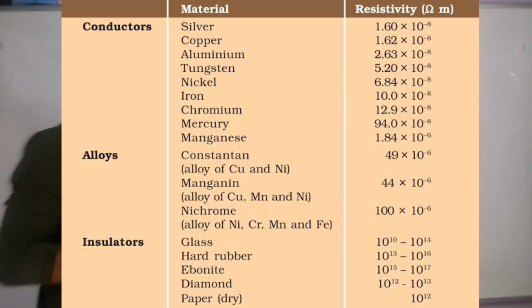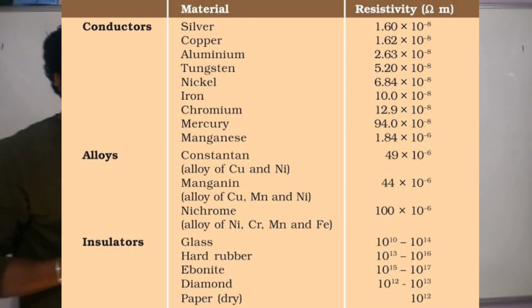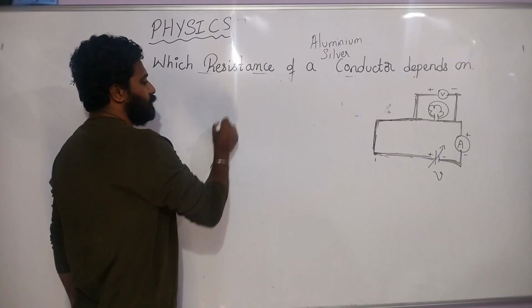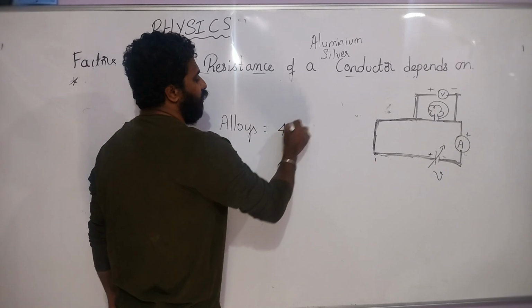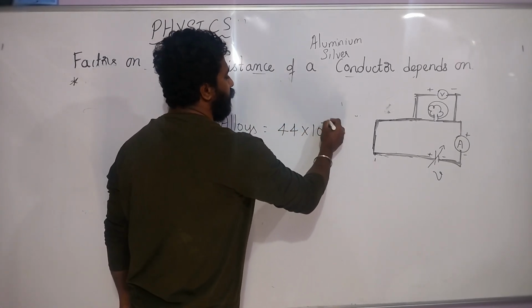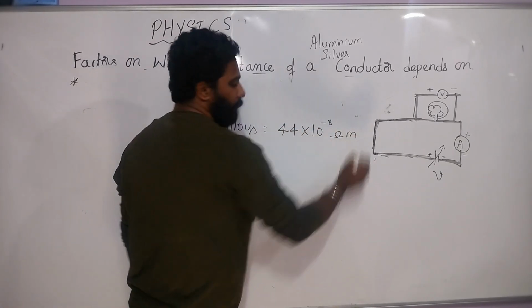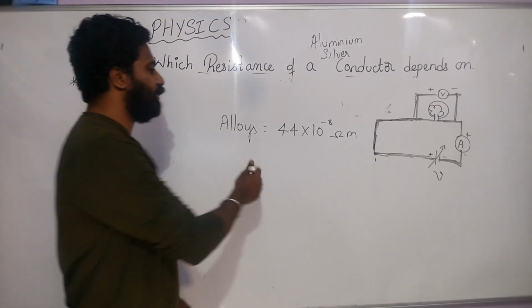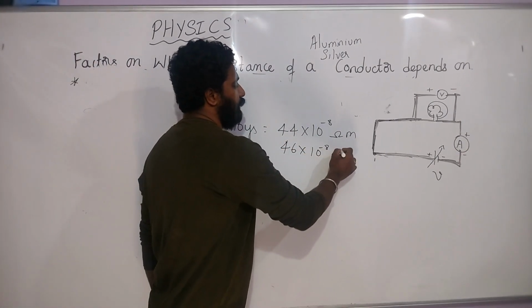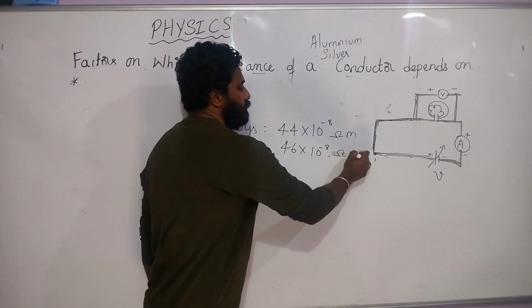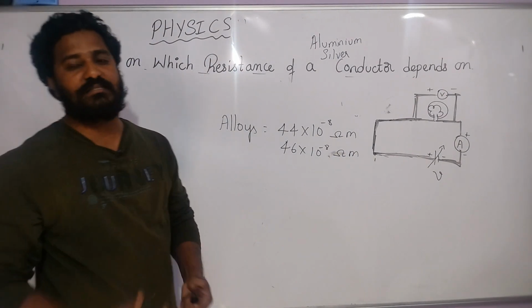Okay, so some alloys have a resistivity of 44 × 10^-8 ohm meter. These are all 44 to 46 × 10^-8 ohm meter.